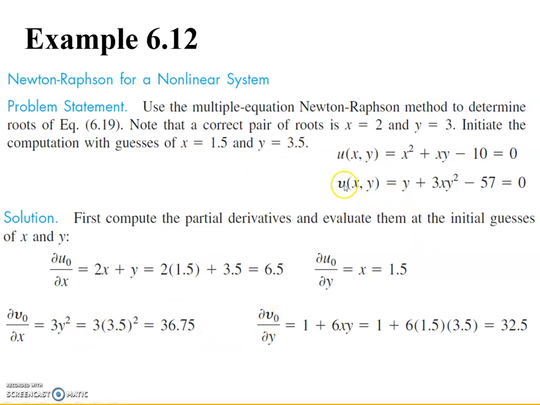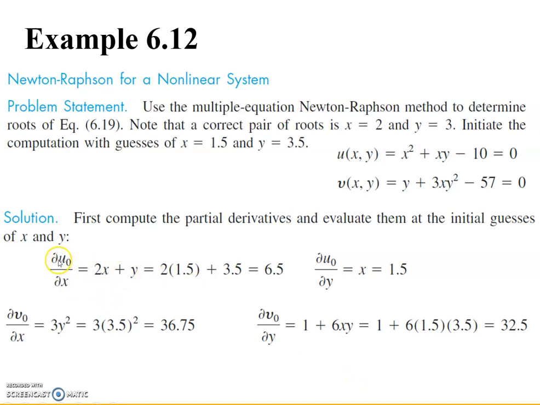And then v with respect to y: y is 1, and with respect to y it will be 3 times 2, 6y, with x as a constant, so 6xy. So 1 plus 6 times x is 1.5, y is 3.5, so it will be 32.5. From this we can calculate the Jacobian.